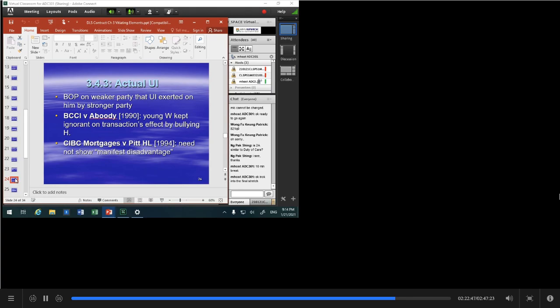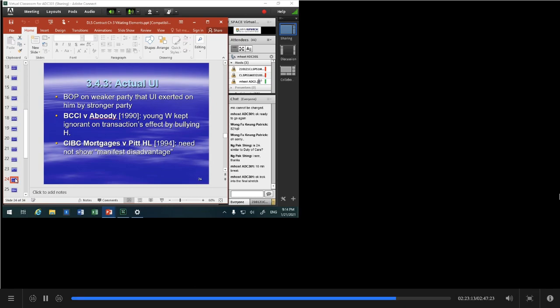So providing you simply show that undue influence was exerted on you by the stronger party, then the contract is automatically voidable, and it doesn't matter whether the transaction is to your benefit or detriment. Any transaction is rendered voidable at the option of the innocent party. So that's the result of the House of Lords case in Pitt.